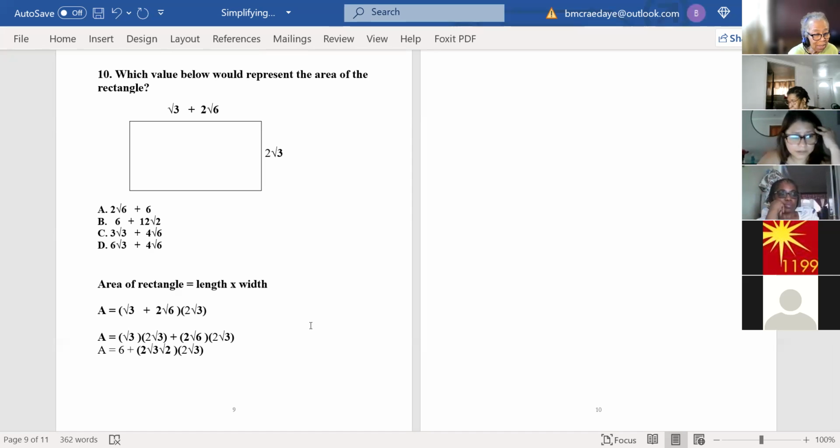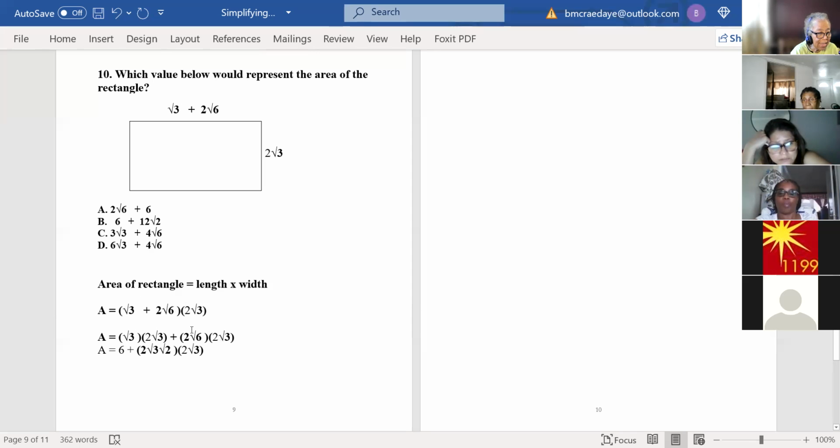So that's why I said square root of 3 times 2 times square root of 3. That takes care of this part. Plus 2 times the square root of 6 times the same expression, right? But I had to take the square root of 6 and break it down into square root of 3 times the square root of 2, right here.